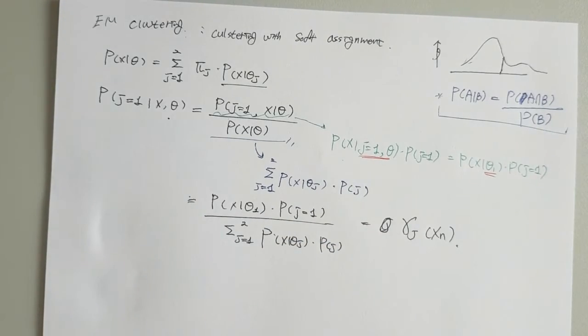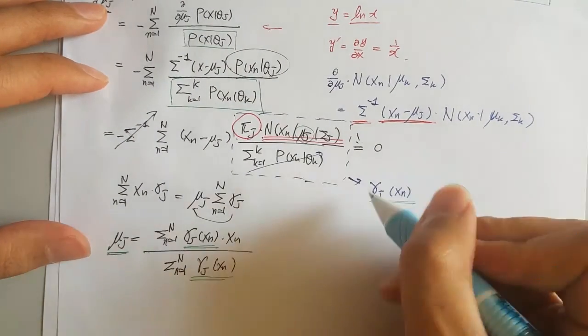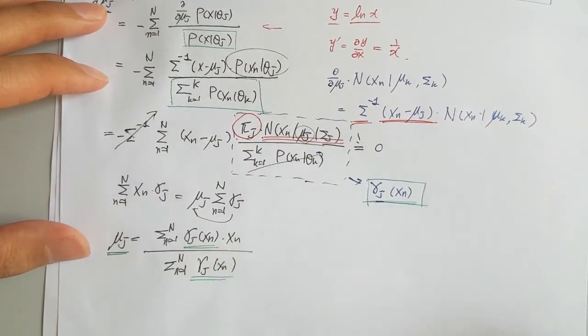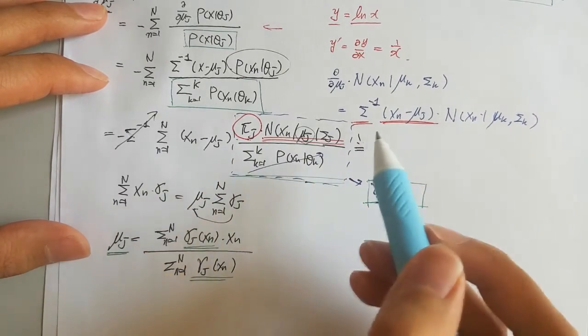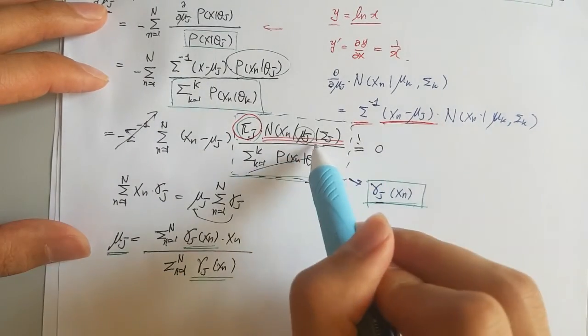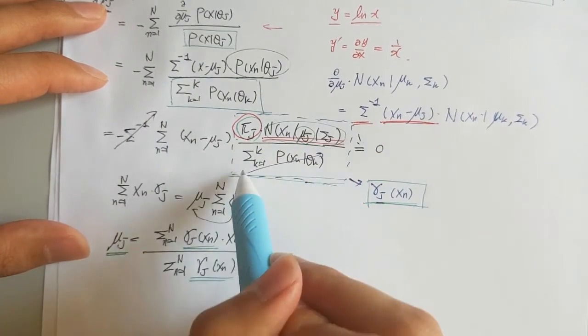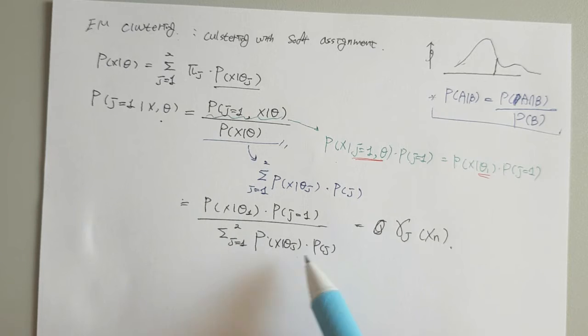I think you are familiar with this equation because we have solved this value here. This responsibility is calculated from this one, and it has exactly the same structure. Here are the weights and distributions and the sum over every distribution. Okay, yeah, it is the same here.